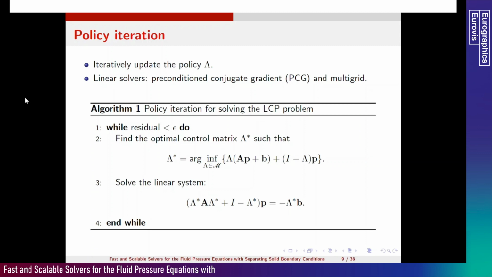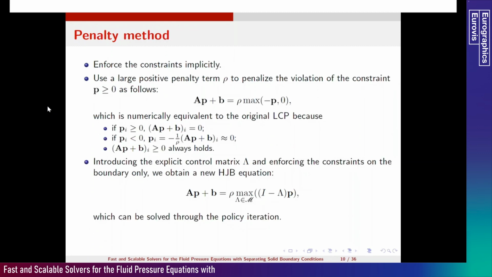The penalty method enforces the constraints implicitly by adding a large penalty term in case of constraint violation. It aims to solve this penalized nonlinear equation, which is numerically equivalent to the original LCP. If the pressure is positive, it satisfies the linear equation.